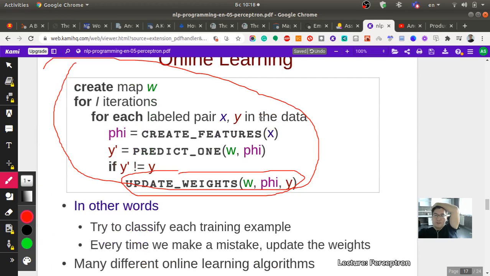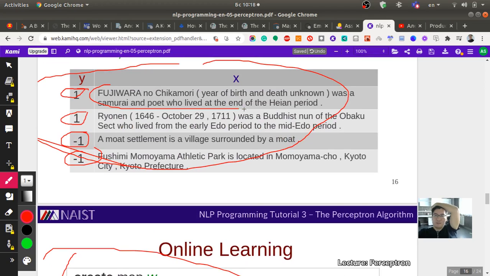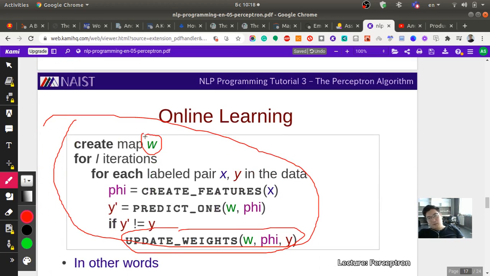For each labeled pair x, y in the data, you create features and call predict1. So you try to predict the value by these features. You transform them into features, and then you try to predict with this W. This W is not optimal yet, just random numbers you can guess or zeros. So you call predict1 with w and phi. It will most probably show mostly not correct results.